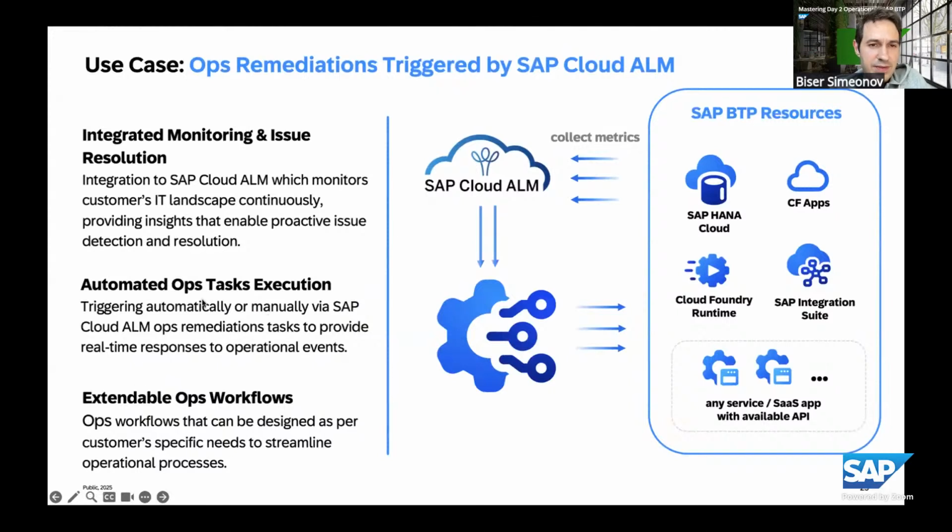So yeah, another use case is the ops remediation triggered by SAP Cloud LM. I wouldn't spend time here, just if someone is joining today's session and missed the very first session for the automation pilot within the series, please check the series, where we explained in greater detail that use case: how Cloud LM can collect metrics and events for our resources in BTP and not only.